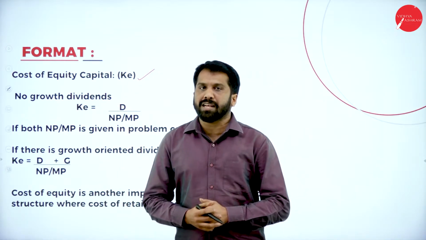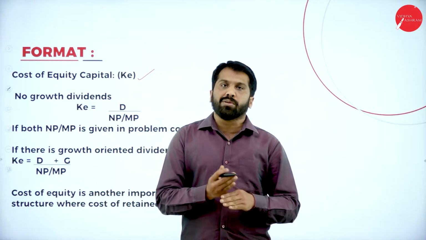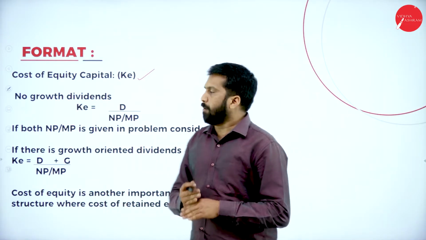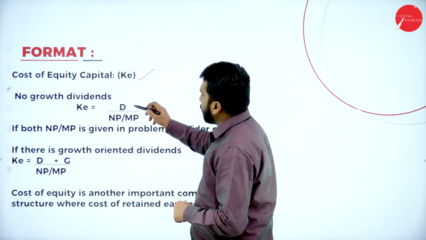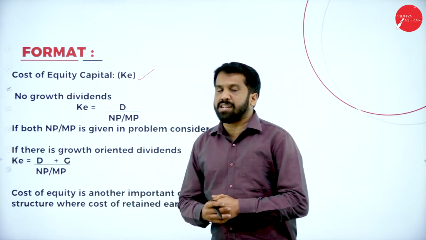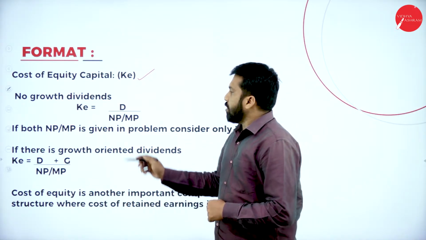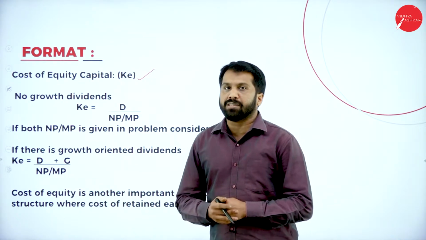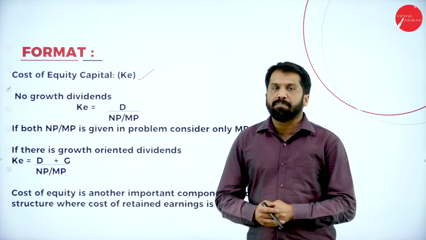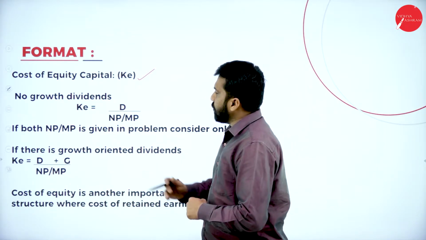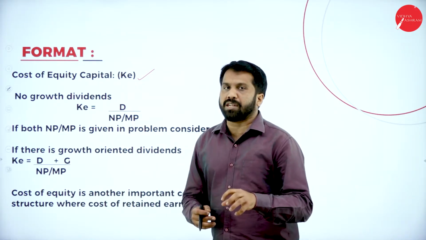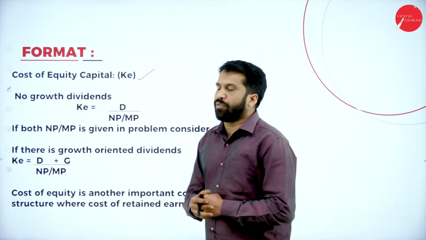Two types of formulas we have: one with growth, one without growth. Now, no growth dividend. The formula will be D, which stands for dividend, divided by net proceeds or market price. Out of these two, whichever information is available in the question, we can go for that.